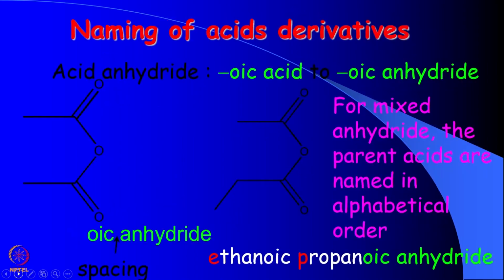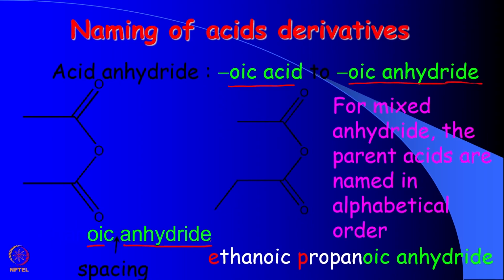Let us now try to understand the naming of acid derivatives, where we are trying to learn how to name the acid anhydrides. When you have a benzoic acid or carboxylic acid, we write it as oic acid. When that acid is converted to an anhydride, we write it as oic anhydride. You see there is a space between oic and anhydride.